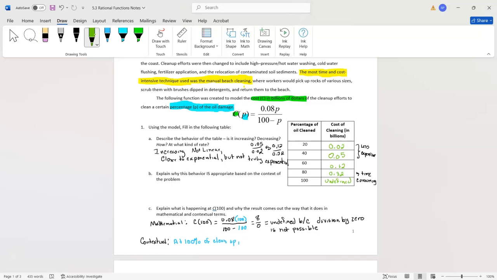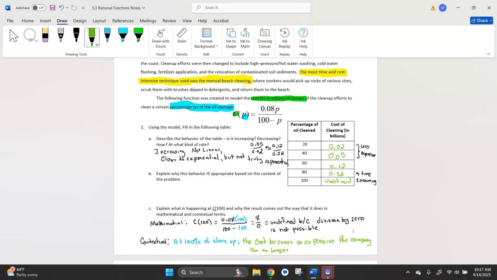It's not necessarily that the cost is undefined, but the cost becomes so expensive that the company no longer can pay for it. This is the idea of an asymptote. We're going to talk about both horizontal and vertical asymptotes with rational functions.